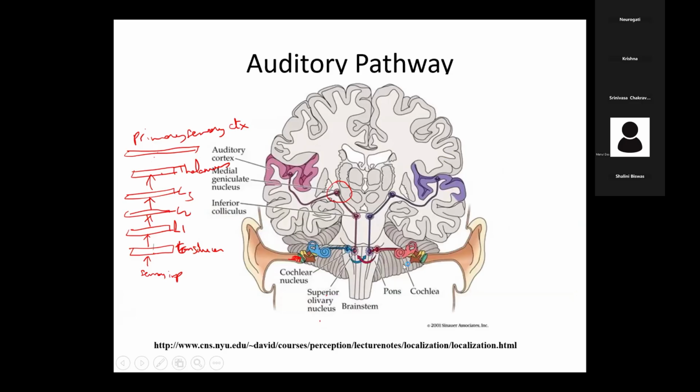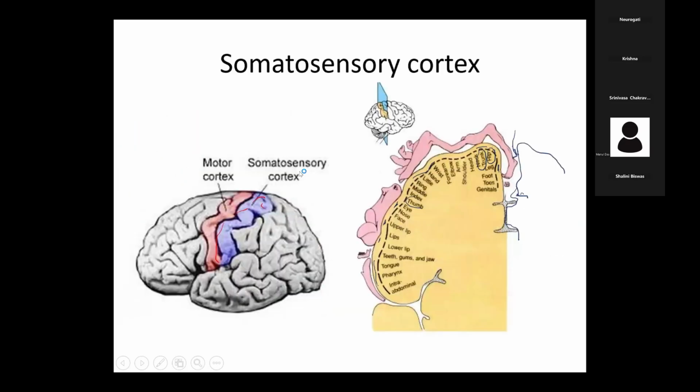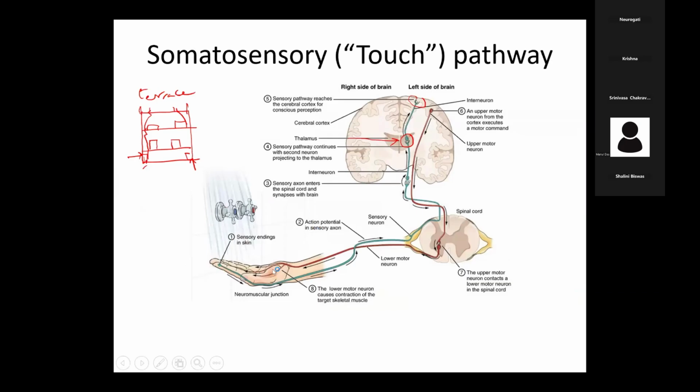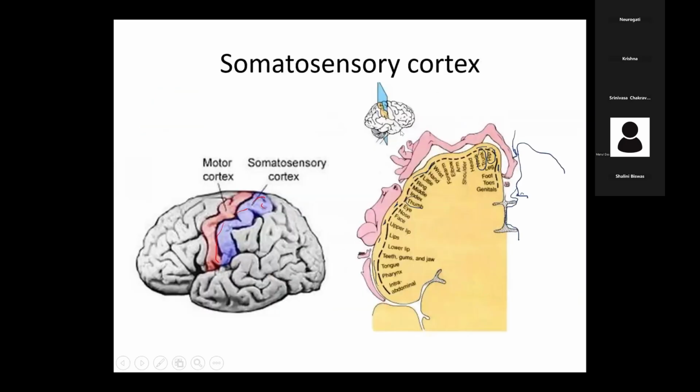Now, if you look at the auditory system, the sound input comes to the ears, and from there it goes through a bunch of layers. Then finally it goes to the cortex, called the primary auditory cortex, or A1. So you see that the pattern is the same in all three. In case of touch, the touch information goes through a bunch of layers and finally goes to the primary somatosensory cortex, which is this purple region.